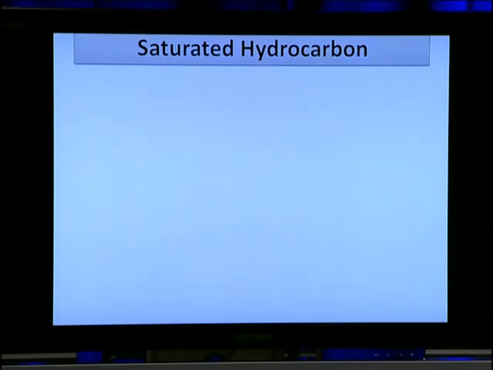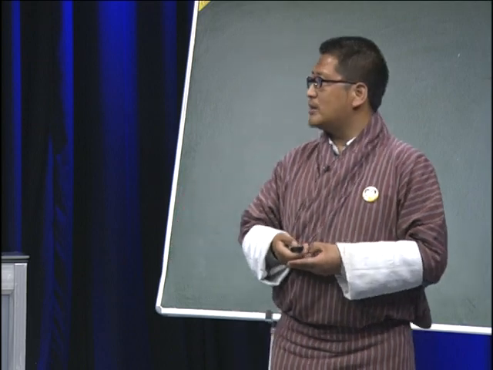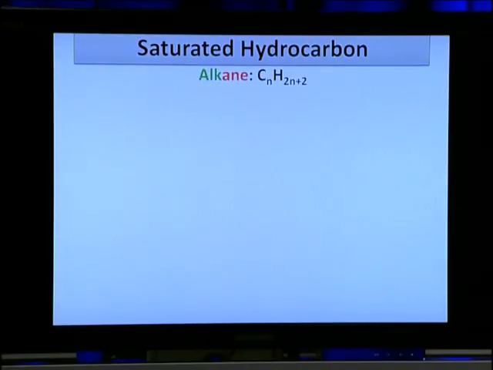Now, one class of hydrocarbon we have is saturated hydrocarbon. An example of saturated hydrocarbon we have here is alkane, represented with the general formula CnH2n+2. Here, the n stands for positive integers.